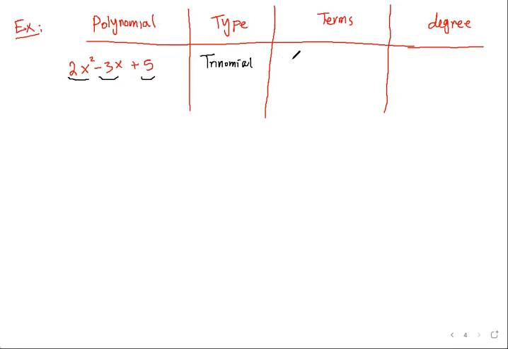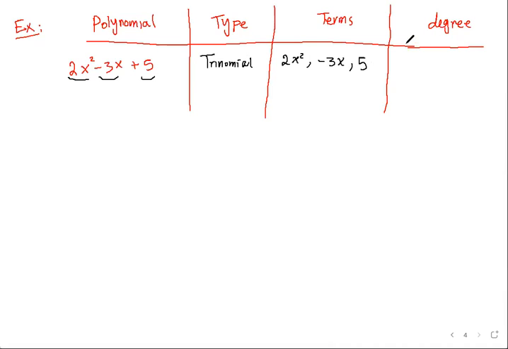What are the terms here? I'm not asking the number of the terms. They are 2x squared, comma, minus 3x, comma, 5. 3 terms, but what are they? 2x squared, minus 3x, and 5.